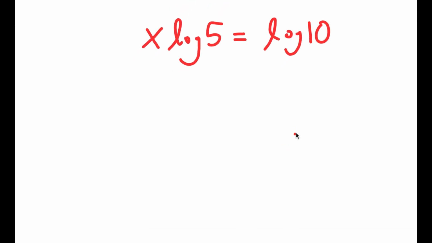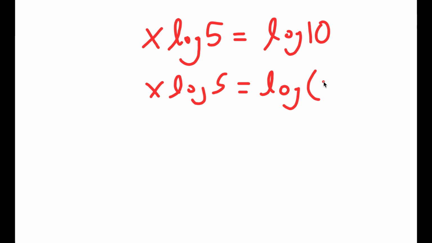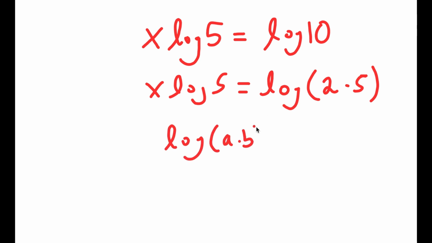So now I want to simplify this. So log 10, I'm going to simplify to log of 2 times 5, because 10 is equal to 2 times 5. And now if I have something in the form log a times b, this is equal to log a plus log b.